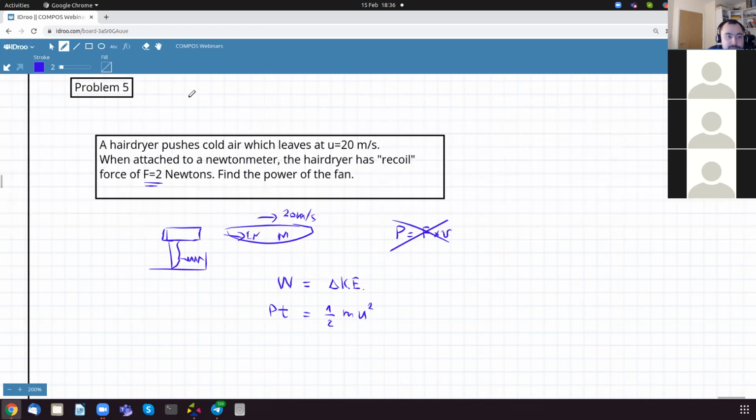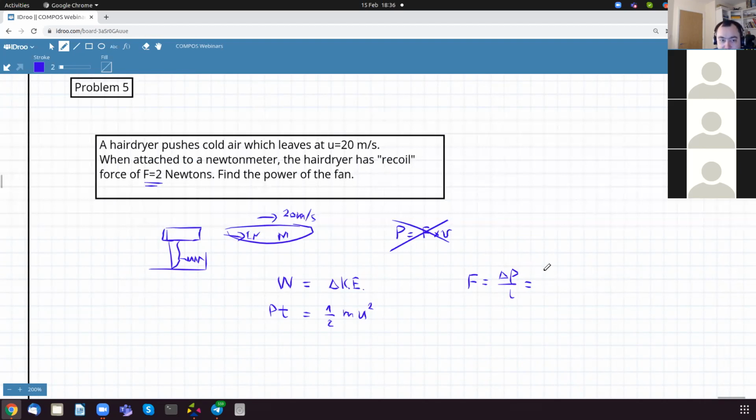Now, what to do with the force? Well, on the other hand, that force is equal to change in momentum divided by change in time. I've used t here. The air starts stationary and changes velocity up to 20.